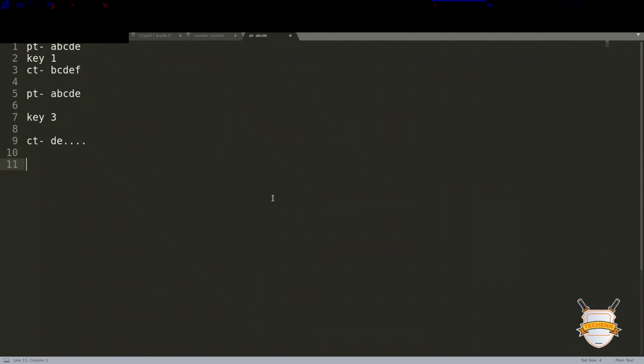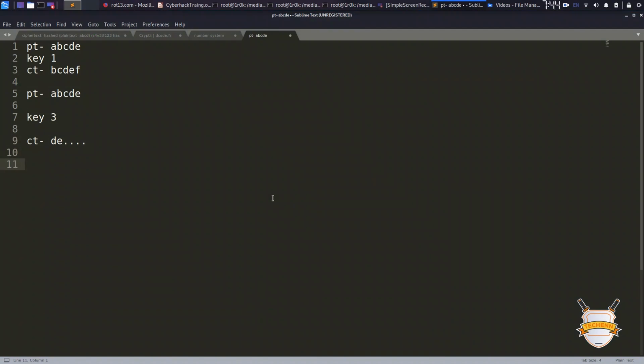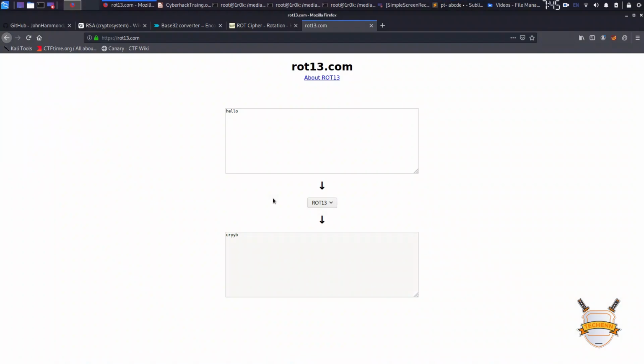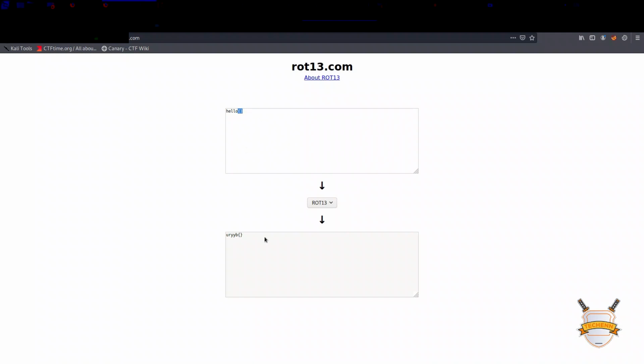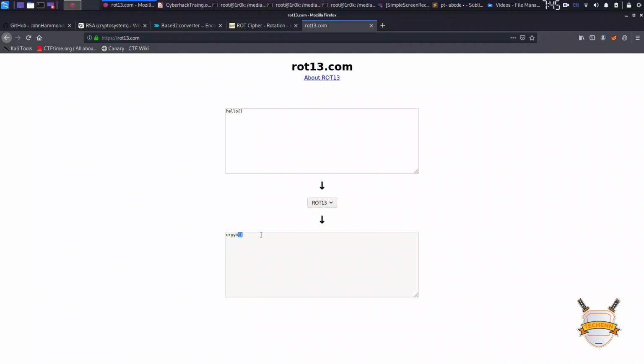So the question arises: how will you identify whether the challenge is ROT 13 or any other ROT cipher? One thing also to tell: symbols or special characters are not part of the rotation cipher; the rotation algorithm is not applicable on them.